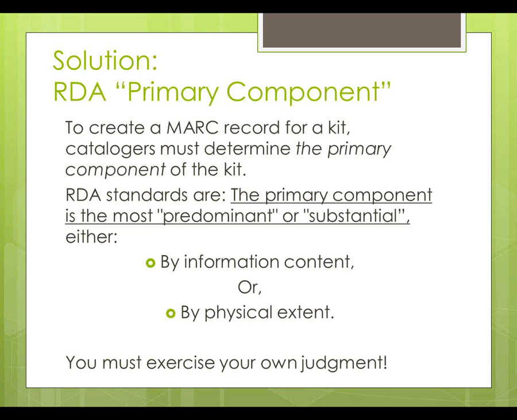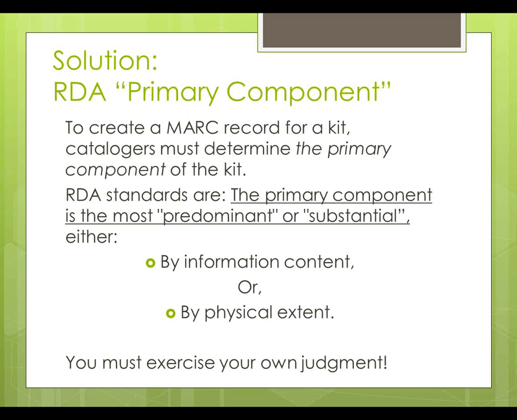The language in RDA, and I quote, is, "The primary component is the most predominant or substantial resource from among all of the resources that make up the kit." Now, when they say, quote unquote, predominant or substantial, they leave it up to the cataloger to decide whether that means by information content or by physical extent.